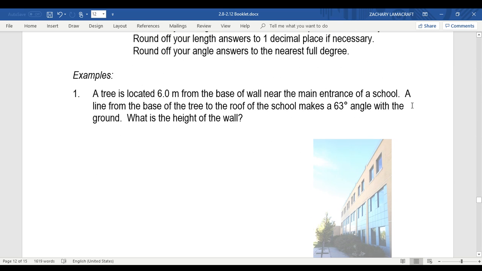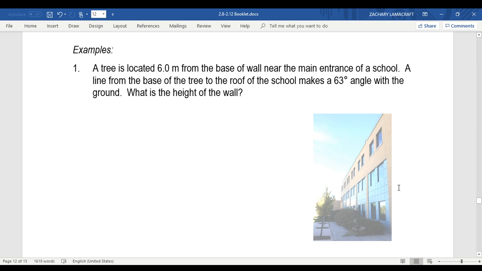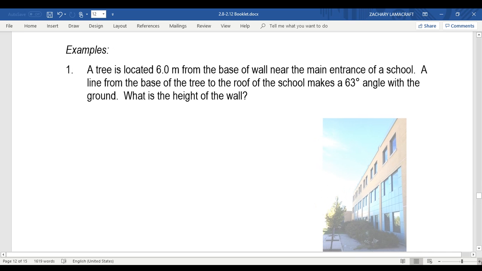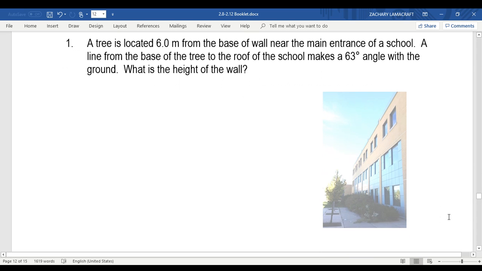Okay, so here's our example. I think it's really blurry on your handout, if I'm not mistaken. Yeah, it is. Well, there we go. So here in my cool color copy it says a tree is located 6 meters from the base of the wall from the main entrance of the school.